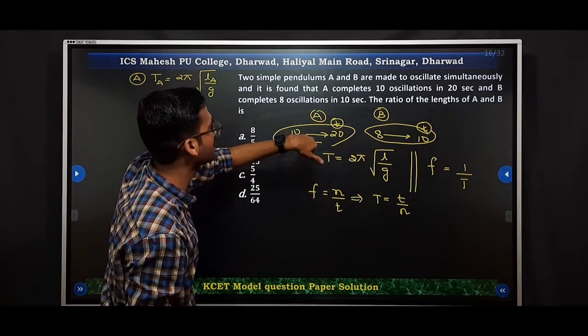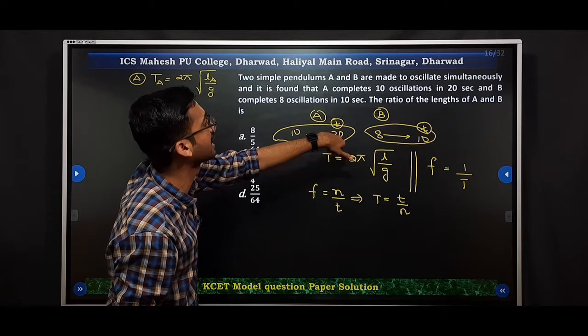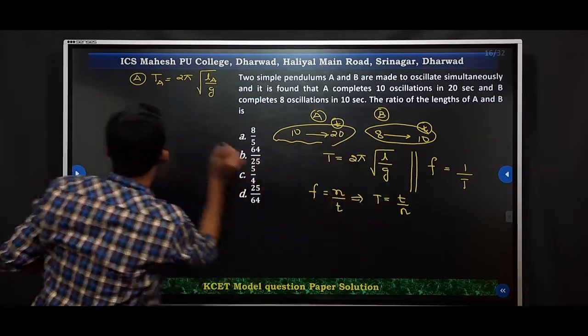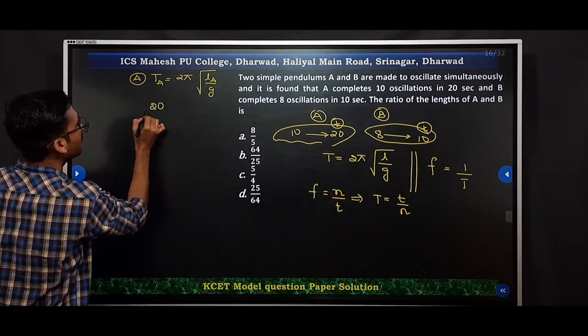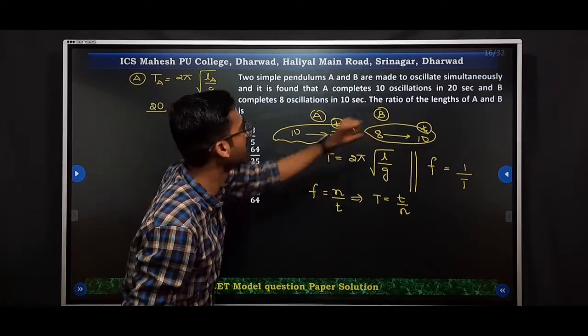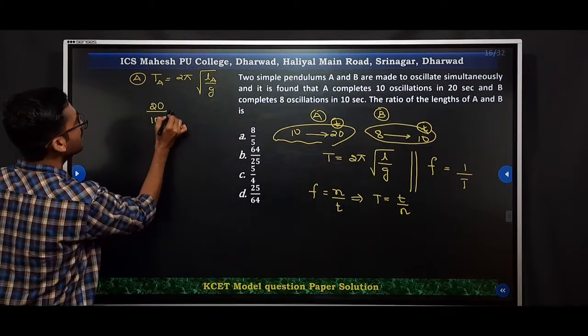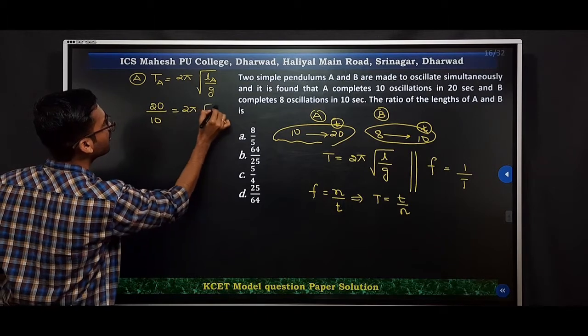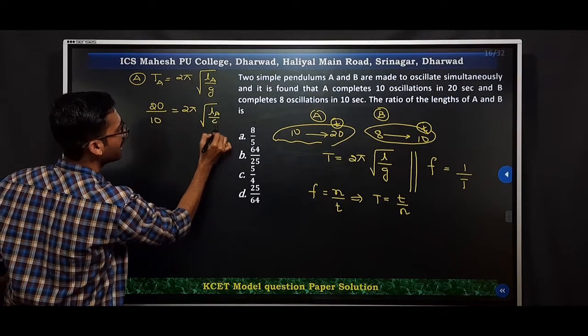Number of oscillations in a time of 20 seconds. Therefore, I can write 20 divided by 10 is equal to 2 pi under root of LA divided by g.